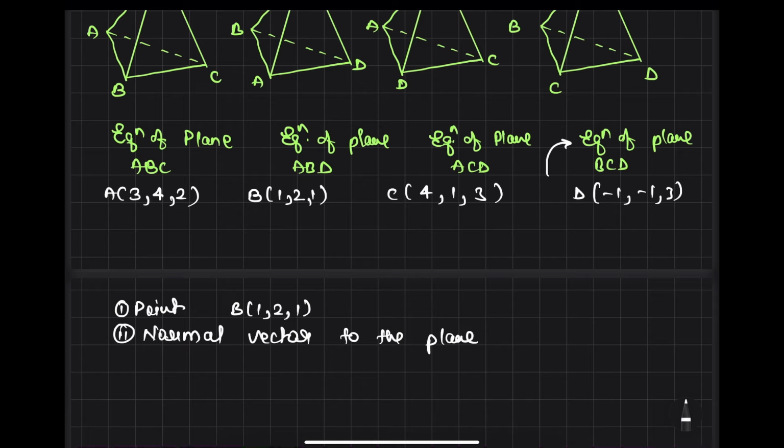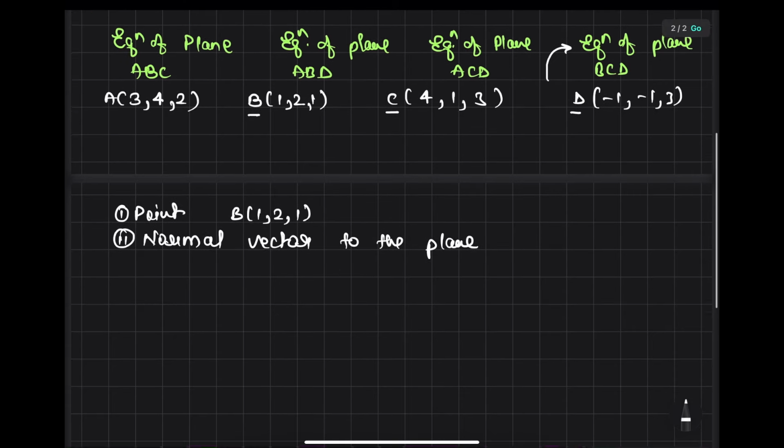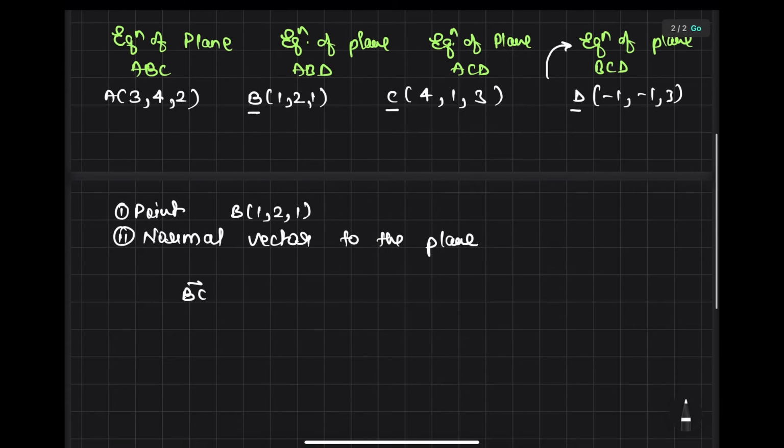Now look at this. Using 3 points, can you create 2 vectors in the plane BCD? Yes, you will use the BC vector. BC is C minus B, so it is 3i minus j plus 2k.